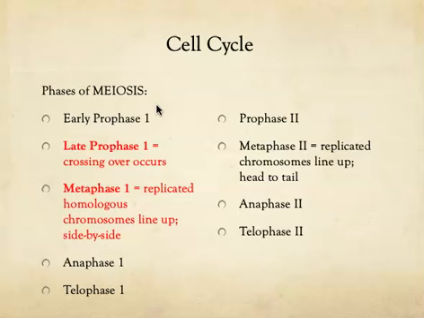It's really important to remember this early and late division of prophase because something very important is happening during late prophase 1. When we compare meiosis to mitosis side by side, the second division of meiosis looks very similar to mitosis. It's the first division that looks quite different.